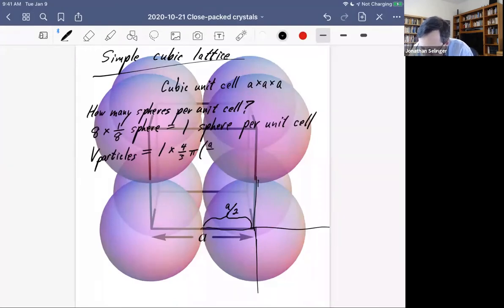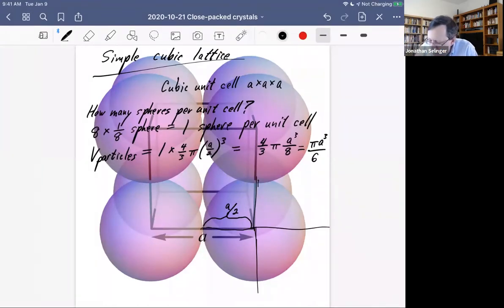And r in this case is a/2, so that's cubed. So this gives us 4/3 pi a cubed over 8. So that is what? Pi a cubed over 6.